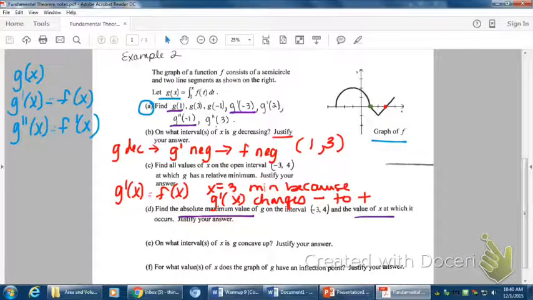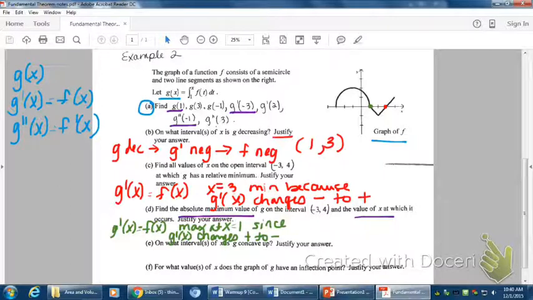So it goes from positive to negative, above to below the x-axis, at 1. And so g prime of x is f of x. So there's a max at x equals 1, because g prime of x changes positive to negative.